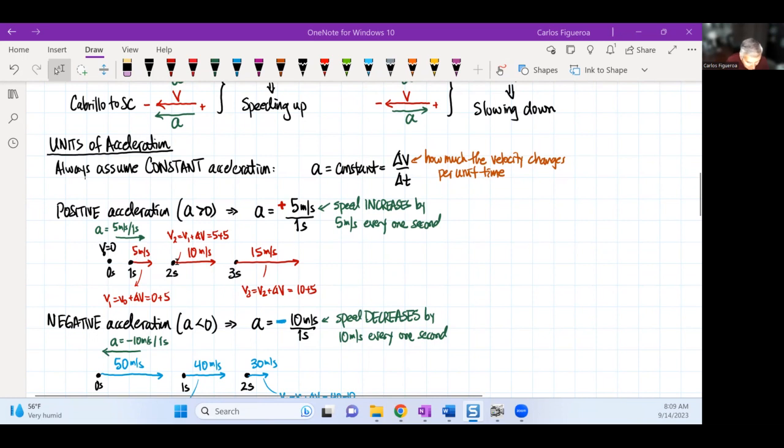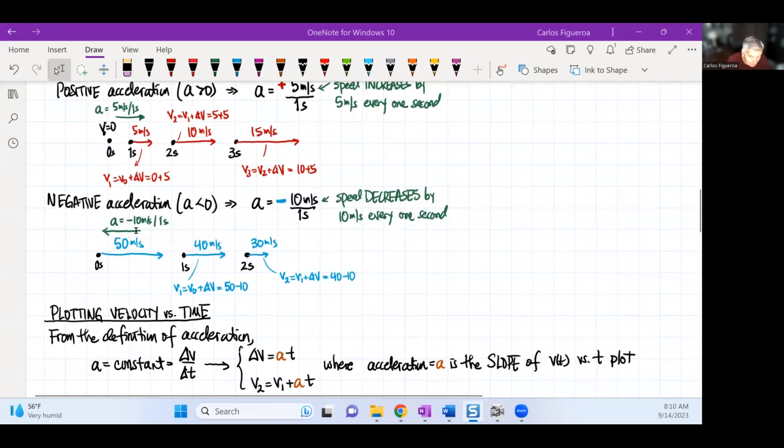After 2 seconds, I'm going to change my speed from V1 to V2. You can see that I wrote V2 is equal to V1 plus delta V, where that delta V is the acceleration. I'm going to get 5 plus 5, which is then 10 meters per second. So you're seeing the flow, how I'm increasing my velocity when I have positive acceleration.